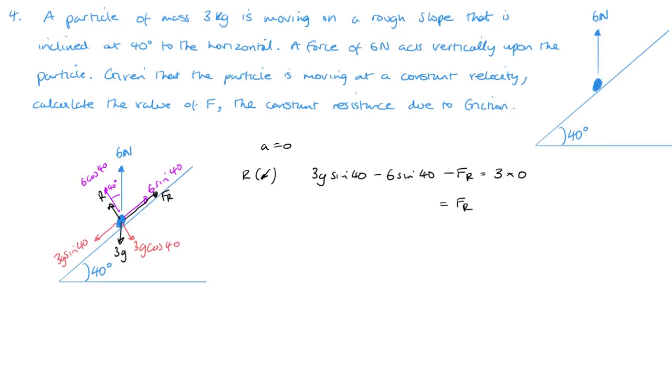So the friction is 3g sine 40 minus 6 sine 40. In my calculator now, I get that the friction is 15.04. So this will be newtons to 3 significant figures.